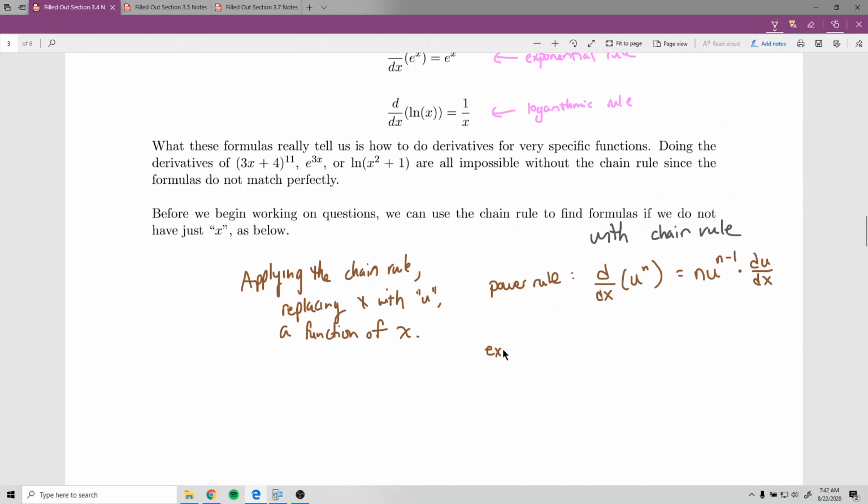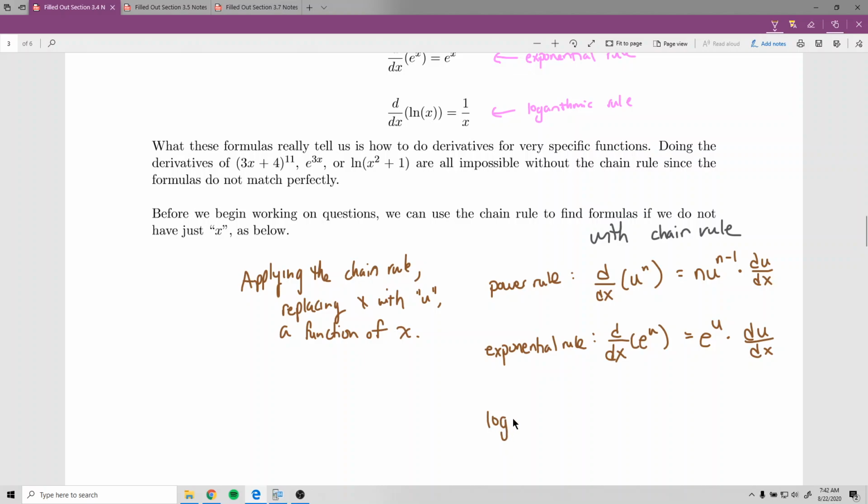All right, so the exponential rule with the chain rule, instead of having e to the x, if we have something else in there that I'm replacing just by this u, we still get the derivative of itself, e to the u, just like the derivative of e to the x is e to the x, but we multiply it by the derivative of the exponent.